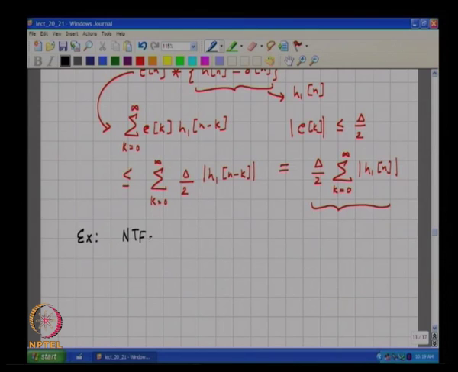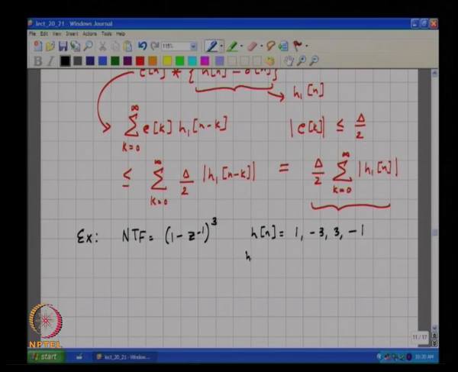So for example, an NTF which is 1 minus z inverse the whole cube, h of n is what, 1, minus 3, 3, minus 1, the sum must be 0, okay.